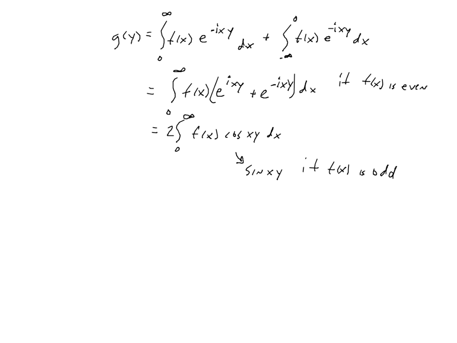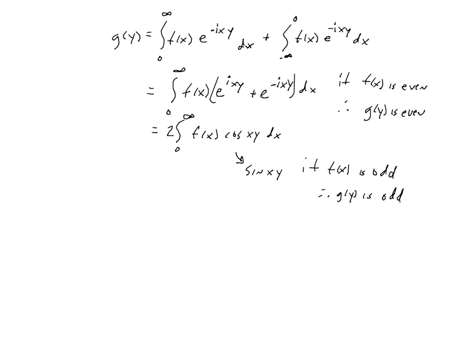So in other words, your Fourier transform has the same symmetry as whatever the function is you're transforming. So even functions transform into even functions, and odd functions transform into odd functions.